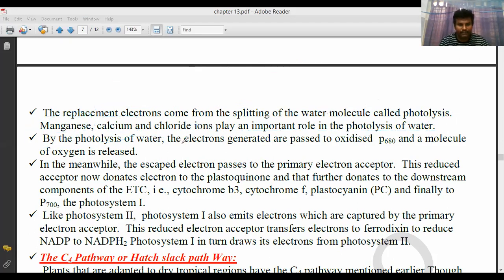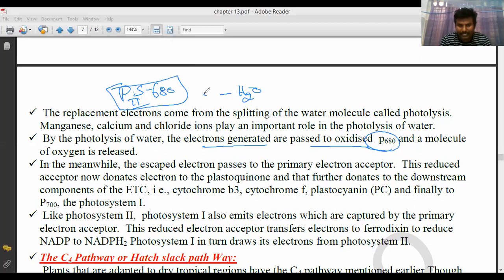So by the photolysis of water, electrons are generated and passed to oxidized photosystem 680, that is photosystem 2. Here water molecules are split, electrons and protons are released, and oxygen escapes into the atmosphere.